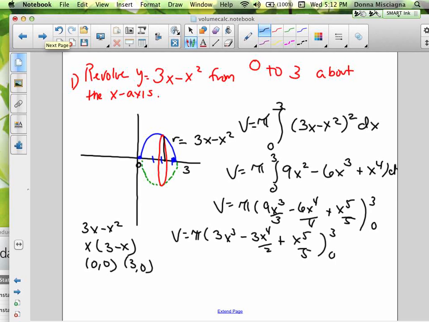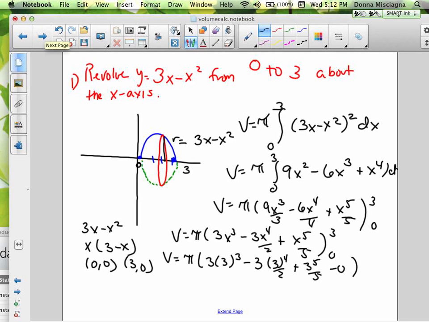Of course, the 0 is not going to matter. So we have pi times 3 times 3 cubed, minus 3 times 3 to the 4th divided by 2, plus 3 to the 5th divided by 5, and then minus 0, because that's all it's going to be when I plug in a 0.